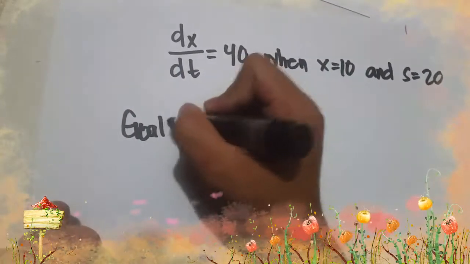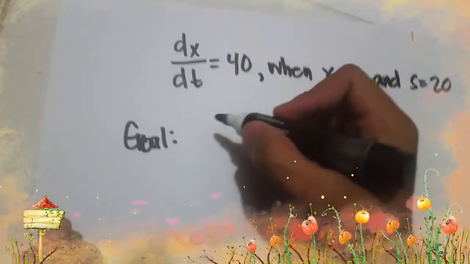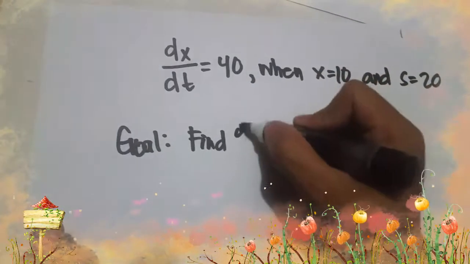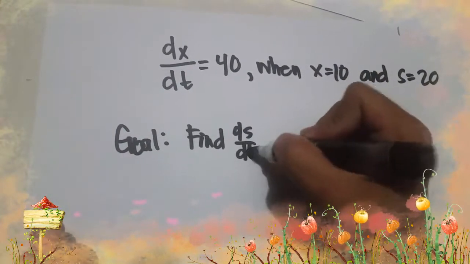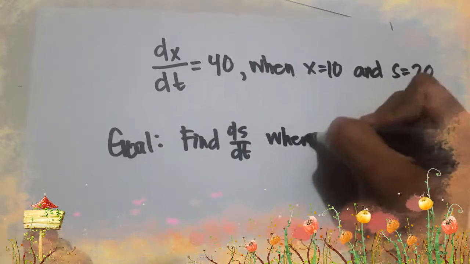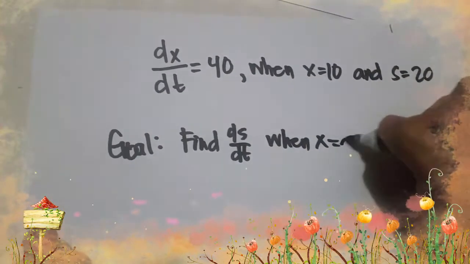So our goal is to find ds over dt when x is equal to 30, right?